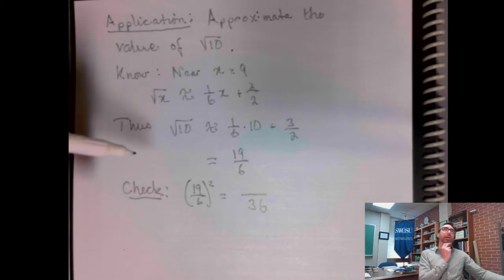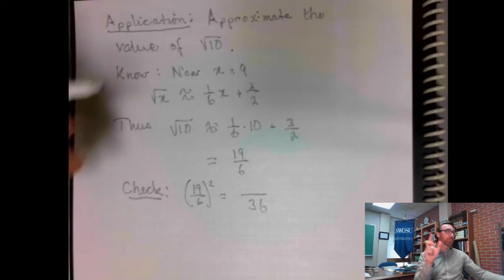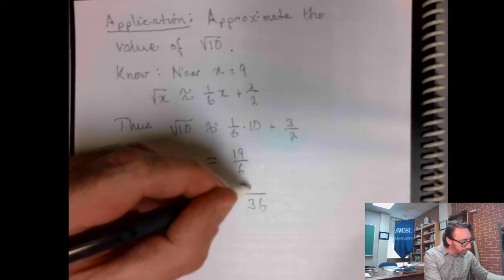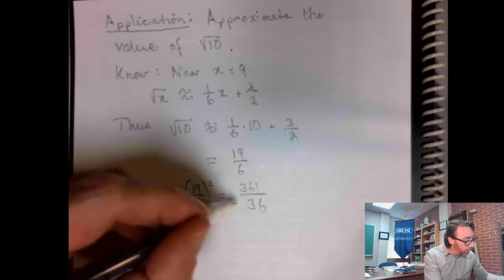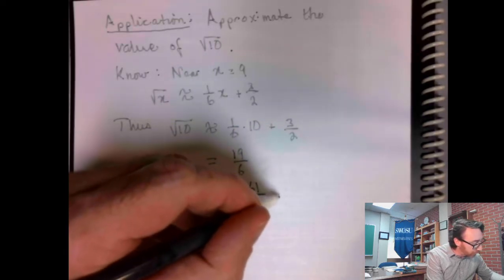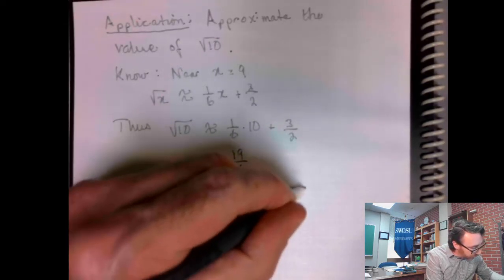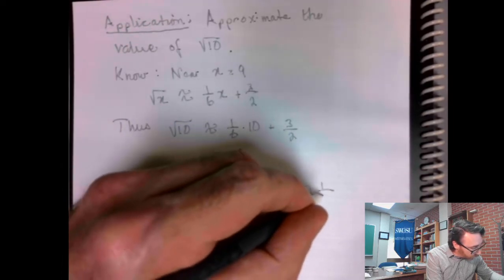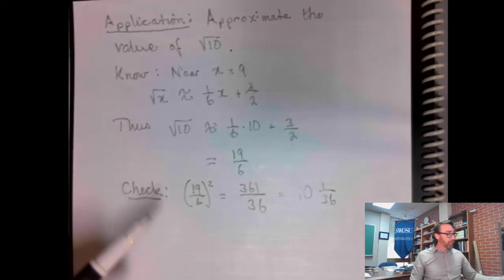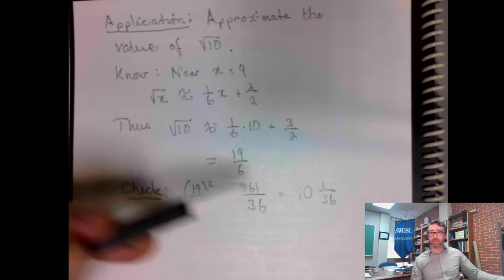Let me see if I can calculate that mentally. 20 squared is 400, minus 40, so 361. Oh gosh, that is very close to 10, right? Because that is equal to 10 and 1 over 36. So that's actually a fairly good approximation there.